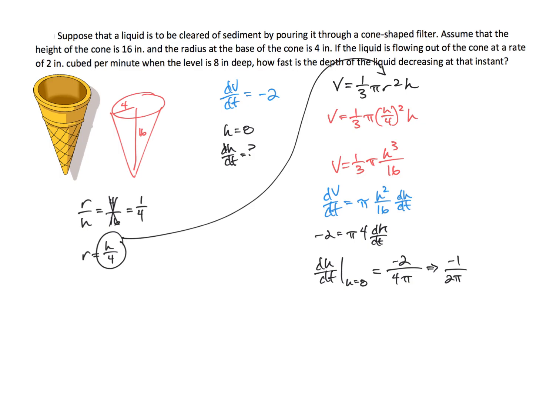All right. Now, that's how fast my cone is dropping. When I have a height of 8, that's how fast whatever liquid it is is dropping out. Okay? Now, I want to talk about this a little bit. We'll talk about it more later. Is it dropping as fast up at the top of the cone, or is it going faster?